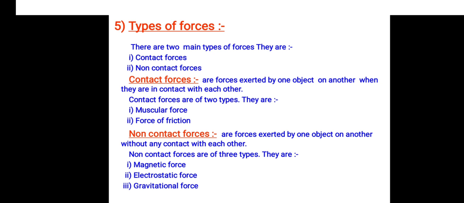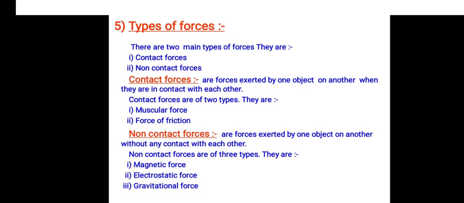One is muscular force, which we will discuss in the next slide, and the other is force of friction. These two are contact forces because the force is exerted by one object on another when they are in contact with each other. Underline the statement: when they are in contact with each other. Are you okay with it?